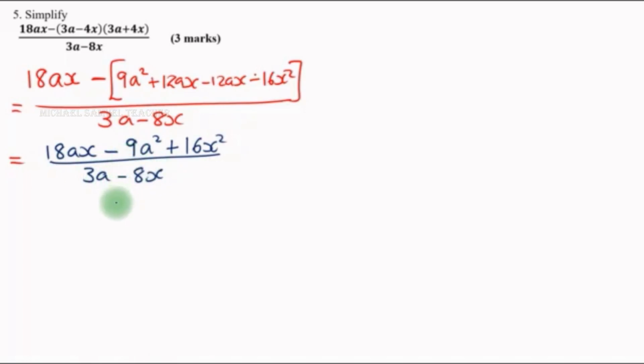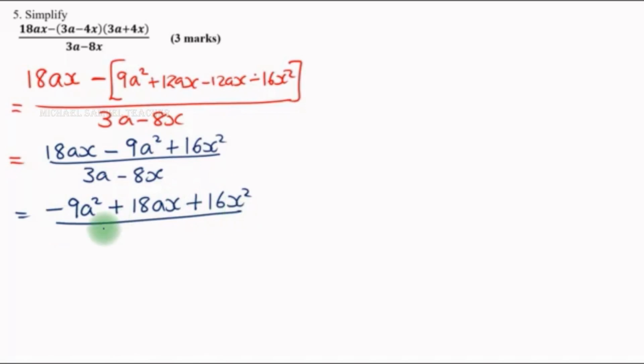Then from here, we can actually rearrange it in a way such that we have minus 9a squared, then plus 18ax plus 16x squared, all over 3a minus 8x.